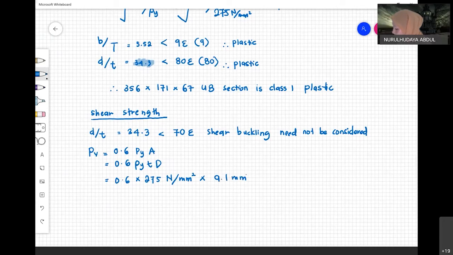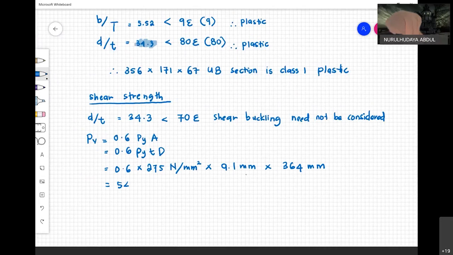9.1 mm darab 364 mm. Atika 546. Okay, betul? Thank you. 546. Soal tu, 54,000. Salah. 546,546.